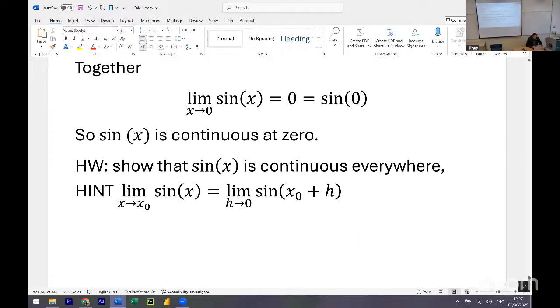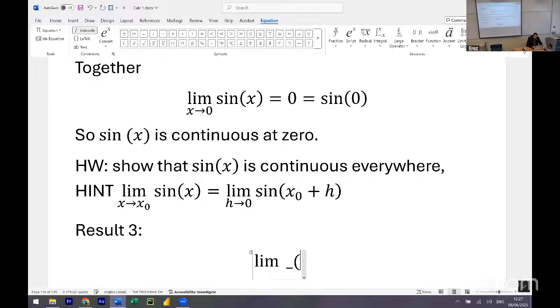And also result 3. What is the limit as x goes to 0 of cosine of x? Why? It's from both sides, so because it is sine, you multiply it through by cos.